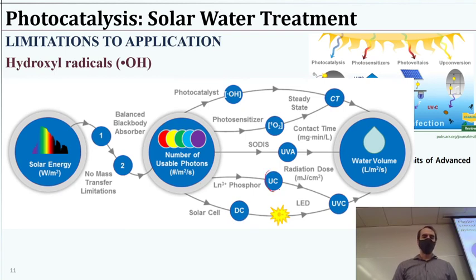This one here is up conversion. Turns out that is really not very efficient. It was a neat idea where you can take multiple photons from a low energy, like yellow light, and then up convert them to a higher energy, like from yellow to blue, or from blue to UVA, or in this case, UVA to UVC, and then use that UVC.